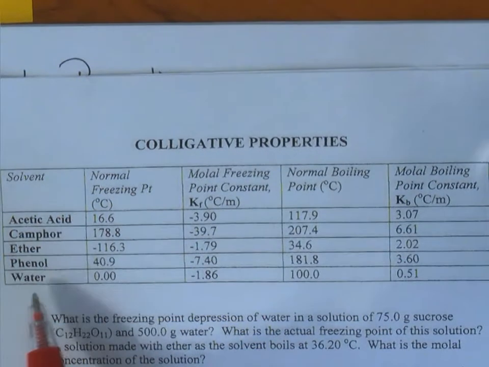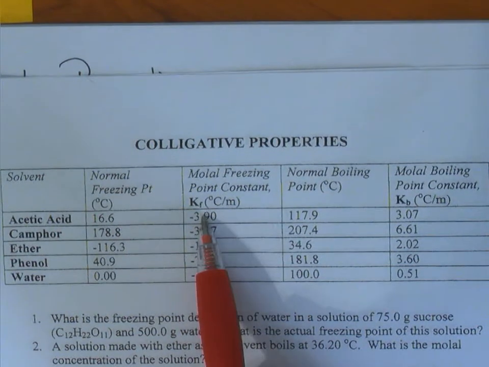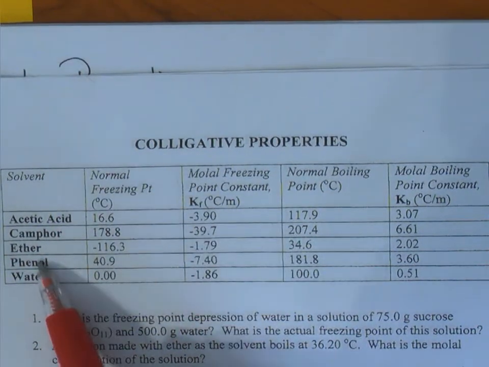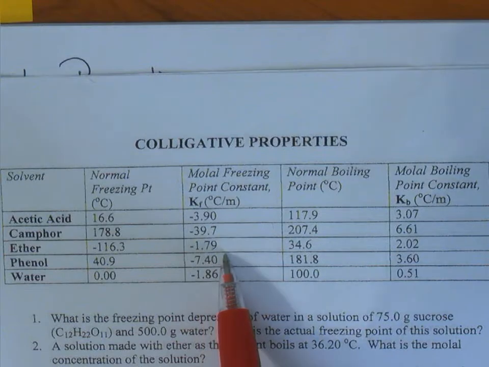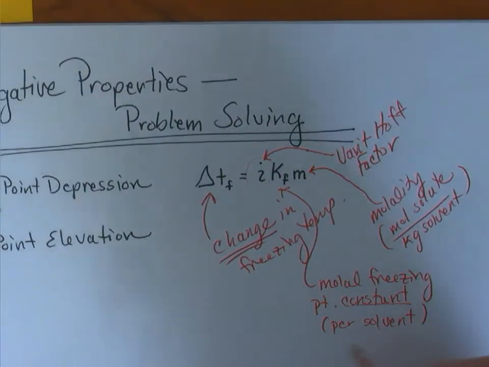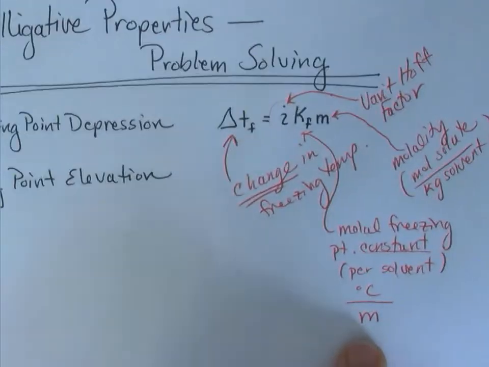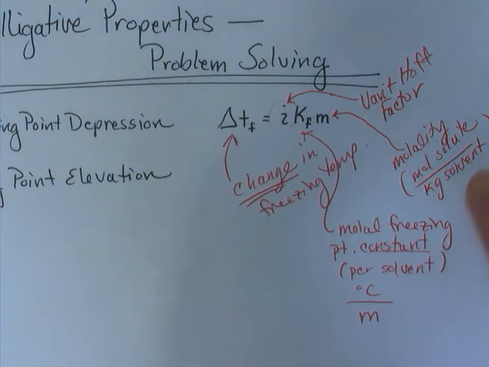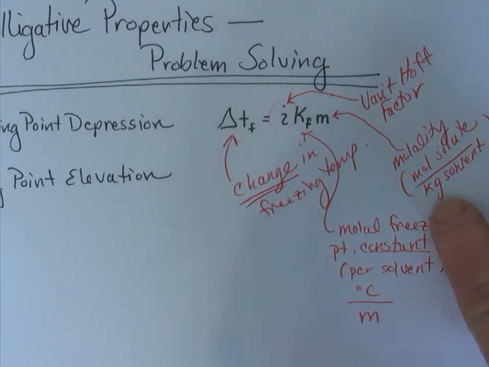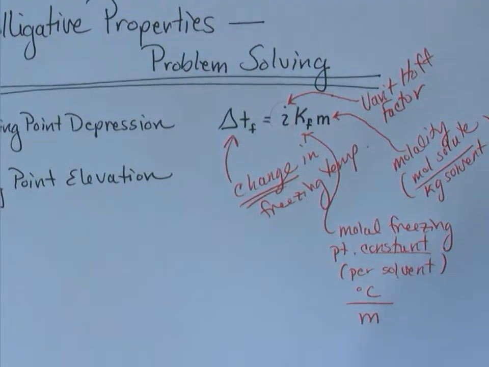So if we're dealing with water, it's 1.86 degrees Celsius per molal. Ether, 1.79 degrees Celsius per molal. Okay, so these are degrees Celsius per molal, which of course allows us then to do the canceling that we need to just get degrees Celsius as your answer if needed.